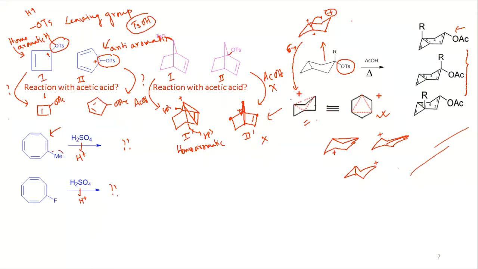Here, what will it form? Just look at this, this is Me, this is F, and you came to know from here. I'll give one piece of information here. If you add H plus, H plus will be taken.